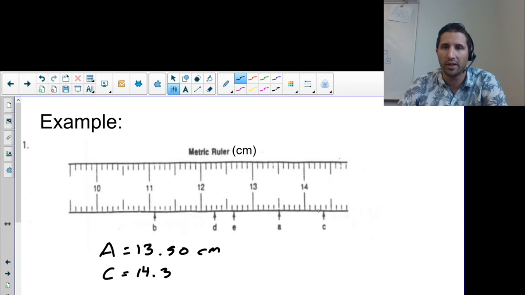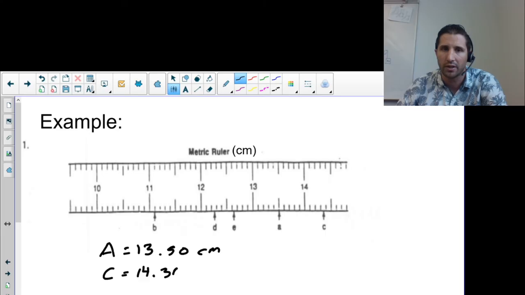But here's 14.3 and here's 14.4, and I'm somewhere in between. This is where estimating comes in. To me, it looks like it's a little more than halfway between these two lines, so I'm going to go with 14.36 centimeters.